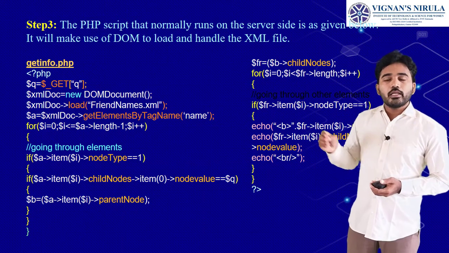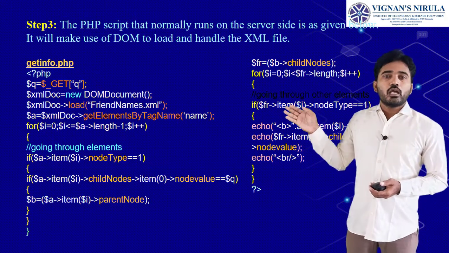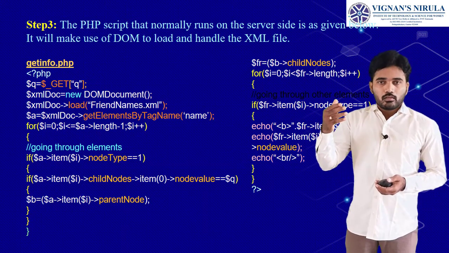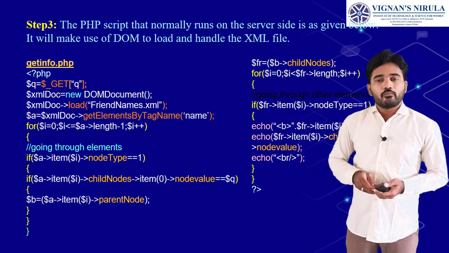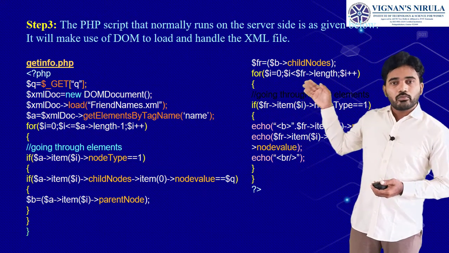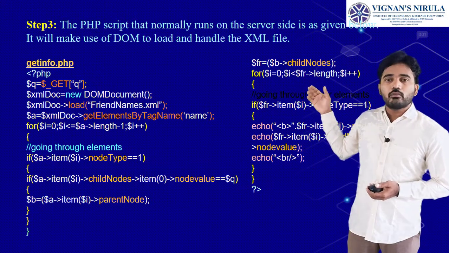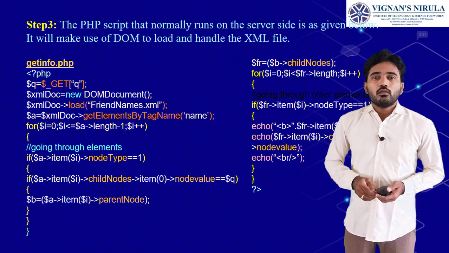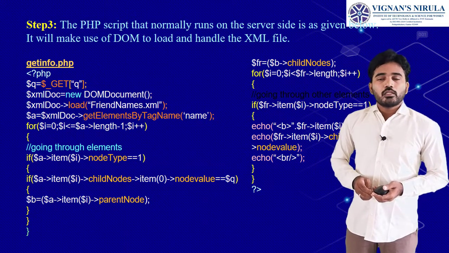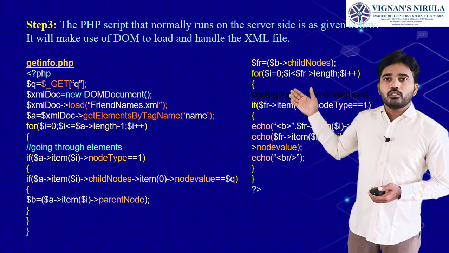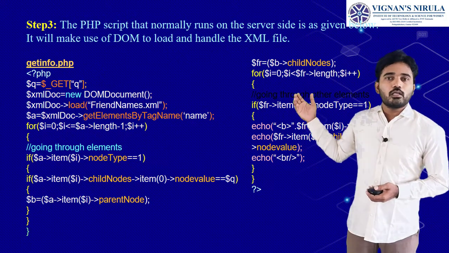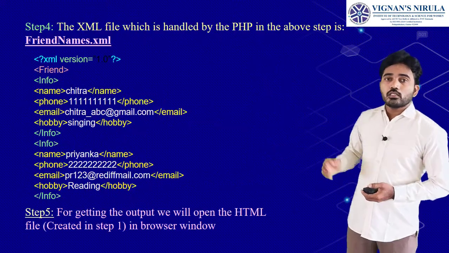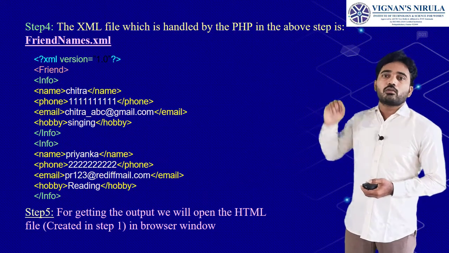By creating a new DOM document, we are loading the XML document, and we are getting each and every element by using its name. By taking the for loop, we are accessing each and every element available in that XML document. Thereafter, one after another, we are printing each and every detail available in that XML document.